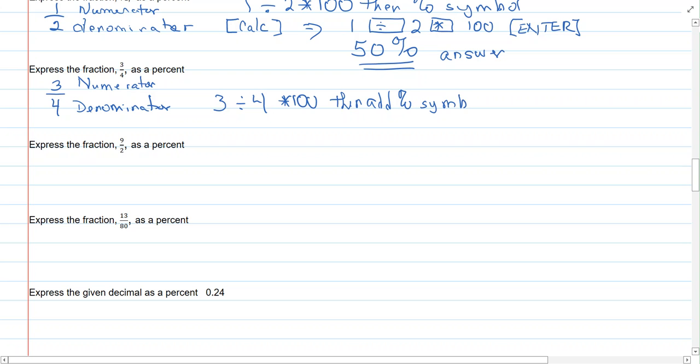So on our calculator, we're going to do the 3, the divide sign, 4, and then multiply 100, and then we'll do the enter to get our solution, our percent value without the percent symbol.